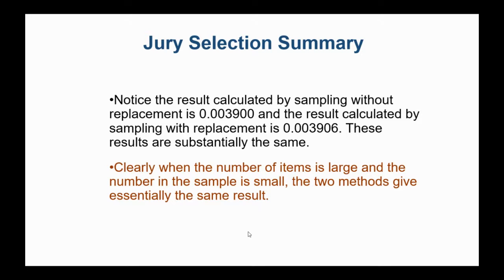Because the number that we're pulling from our population is big, but our sample is small.